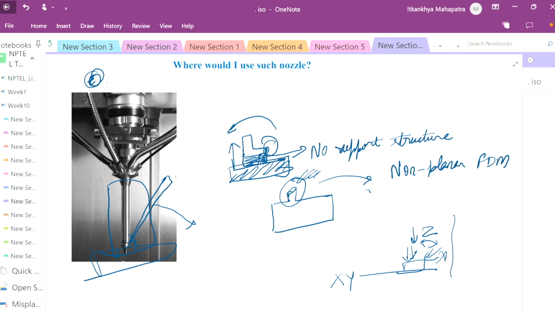Like we discussed just now, the Gaussian distribution, all those things we cannot calculate. Thermodynamics, heat transfer, everything will be changed in such a type of nozzle.